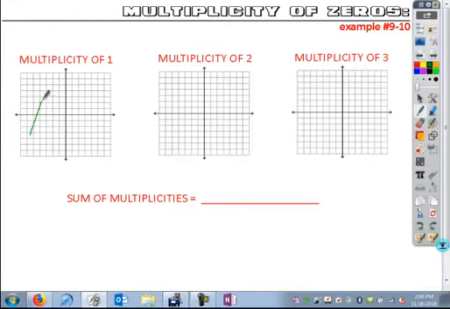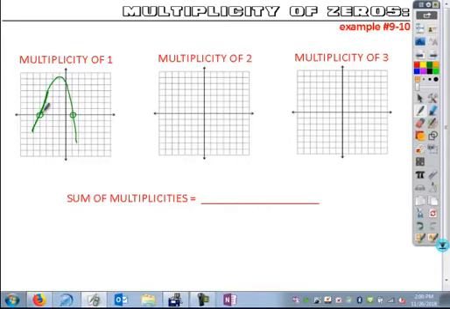So if your graph passes through at this point, almost like a straight line passing through, then this factor is going to have a multiplicity of 1. If that graph turns around and comes back down in this form, once again, you're looking at a multiplicity of 1.